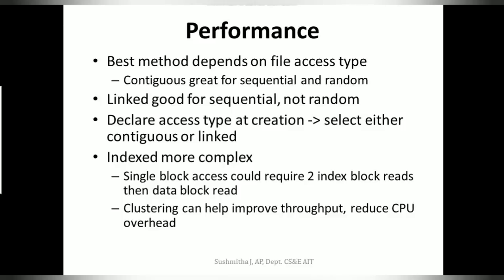Now talking about the contiguous allocation, this requires only one access to get the disk block. Since we can easily keep the initial address of the file in memory, and we can calculate immediately the disk address of the ith block and read it directly.